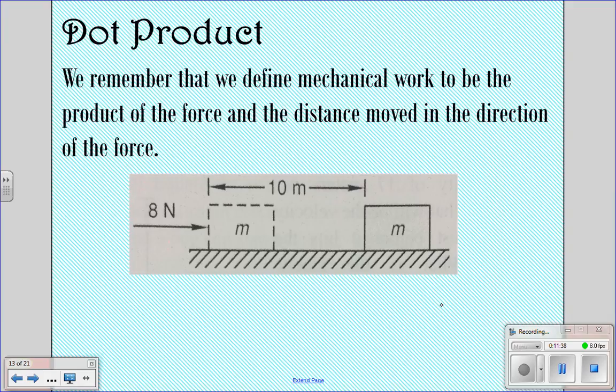We remember that we defined mechanical work to be the product of the force and the distance moved in the direction of the force. Okay? So on this block, we applied 8 newtons for 10 meters, so the work would be 80 joules.